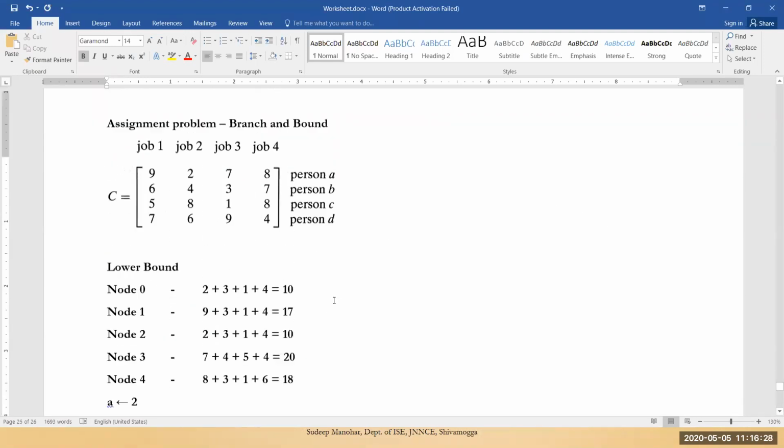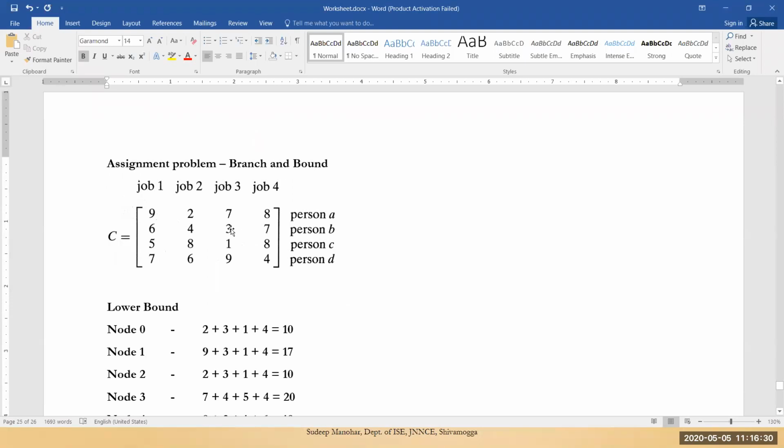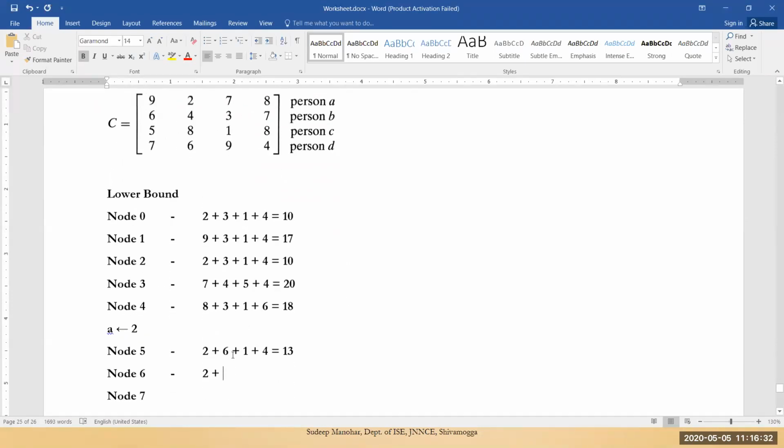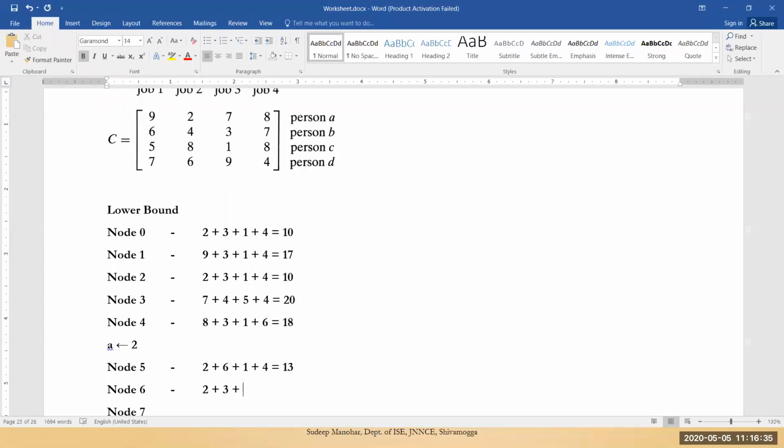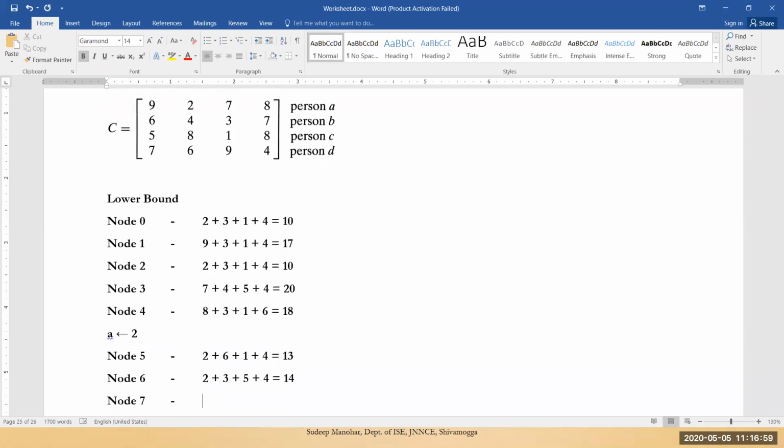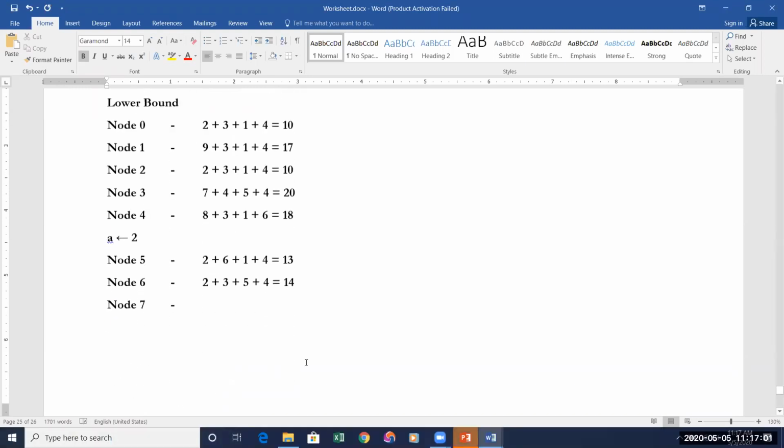Job number 3 means the value is 3 itself. Value is 3 plus. So now leave the second column and third column. Leaving the second and third columns, consider first and fourth column. For person C, 5 is minimum. For person D, 4 is minimum. It is 5 plus 4, 9 plus 5 is equal to 14. So node number 6 value is 14.